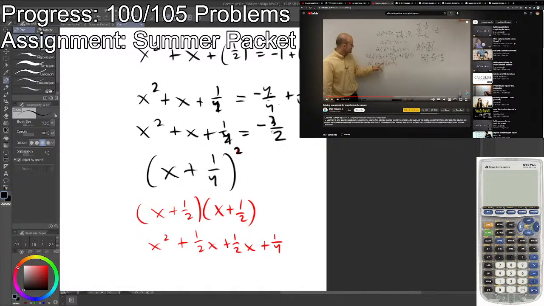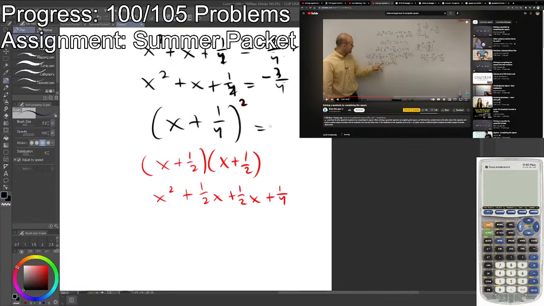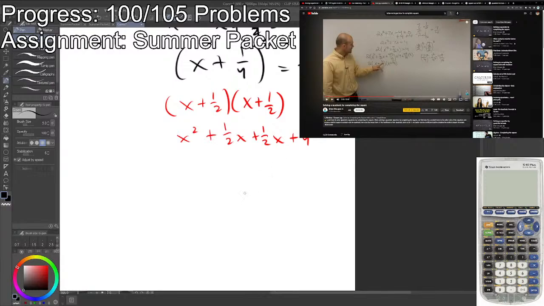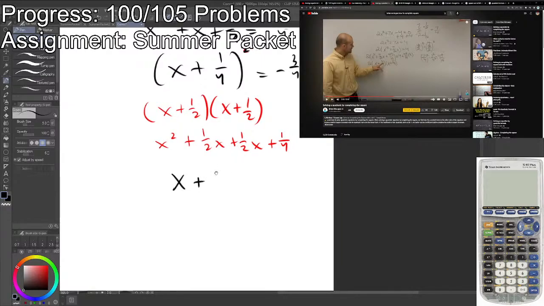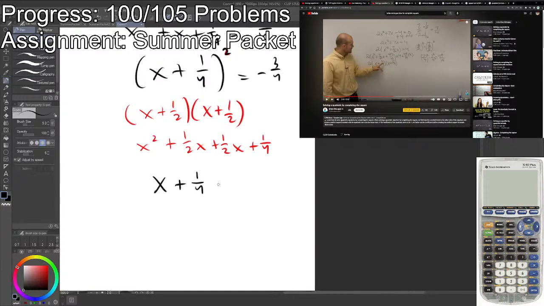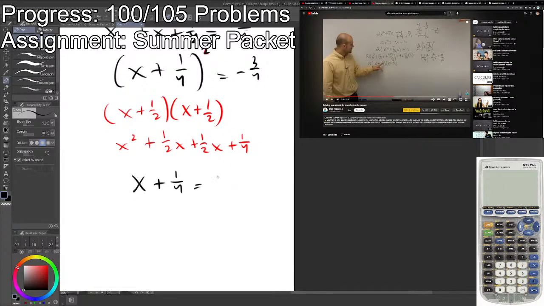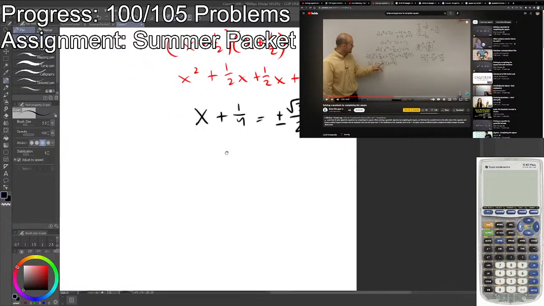Negative 3/4. Plus or minus. This equals 1/4 plus or minus square root of 3/2 or something like that.